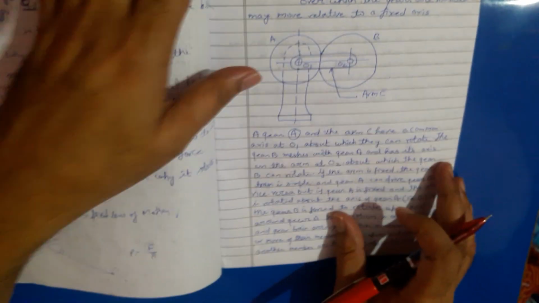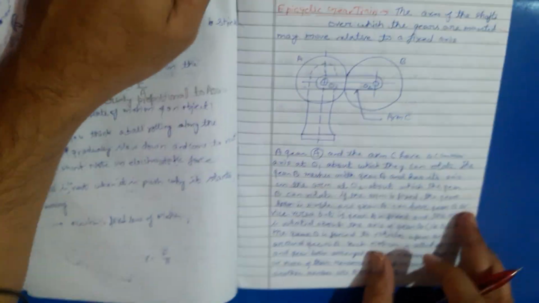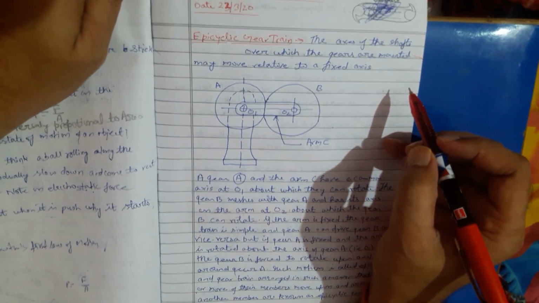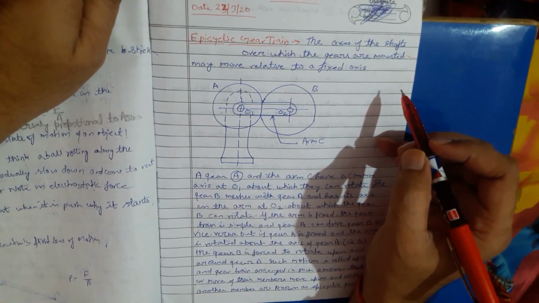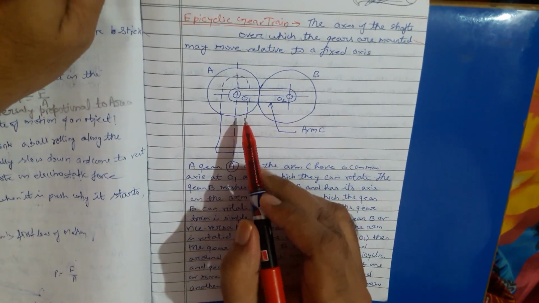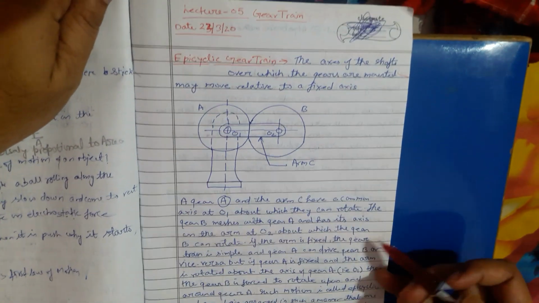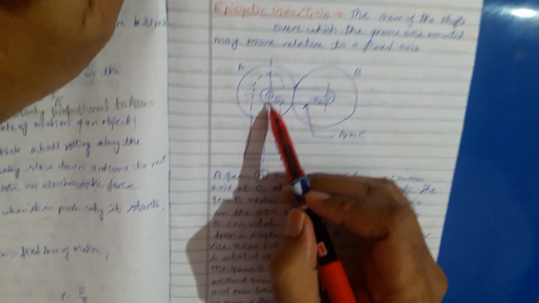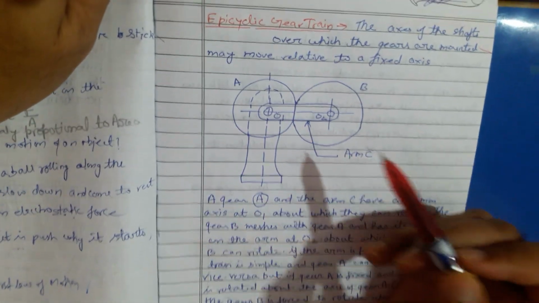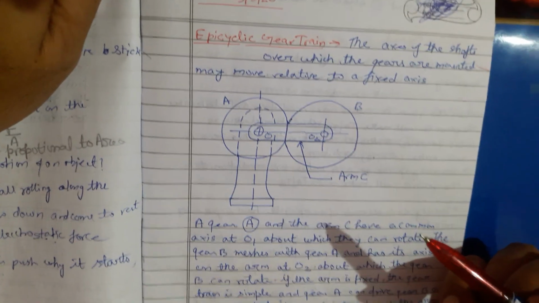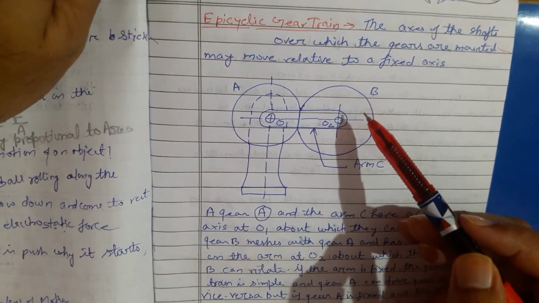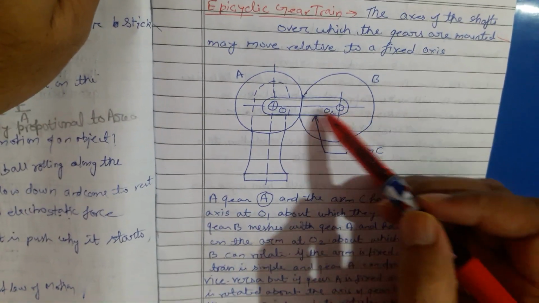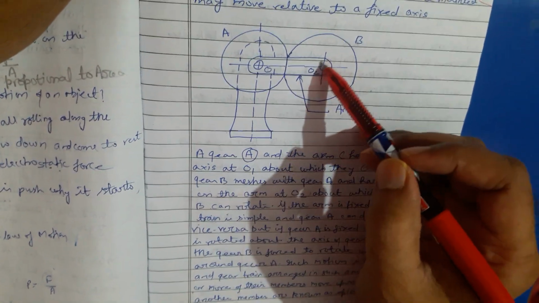Now we are going for the epicyclic gear train. In an epicyclic gear train, the axis of the shaft over which the gears are mounted may move relative to a fixed axis. As shown in the diagram, you can easily see the gear A and the arm C have a common axis at O1 about which they can rotate, and the gear B meshes with gear A and its axis is on the arm at O2.